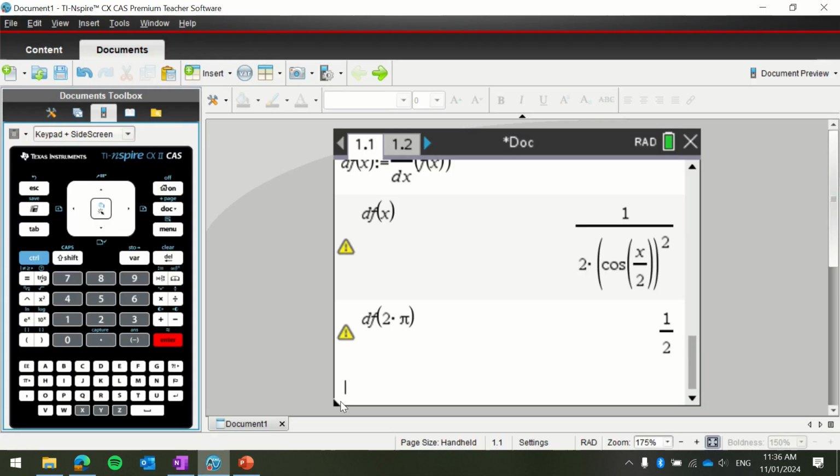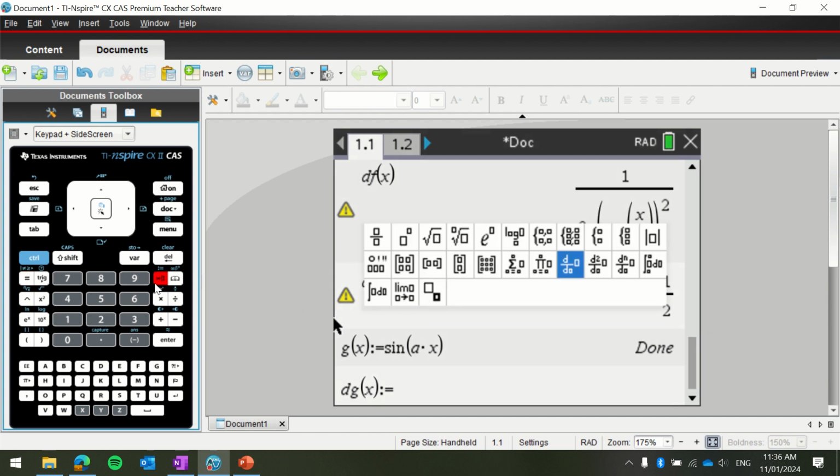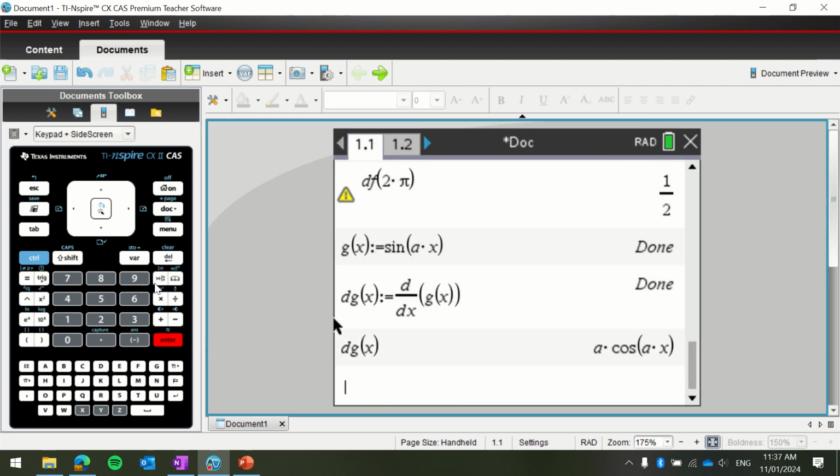Let me define this now: a times x, and then I'm going to do derivative of g. That's just my naming of it. dg doesn't mean much, it's just an arbitrary choice. Then I differentiate and check what it is. That looks correct.